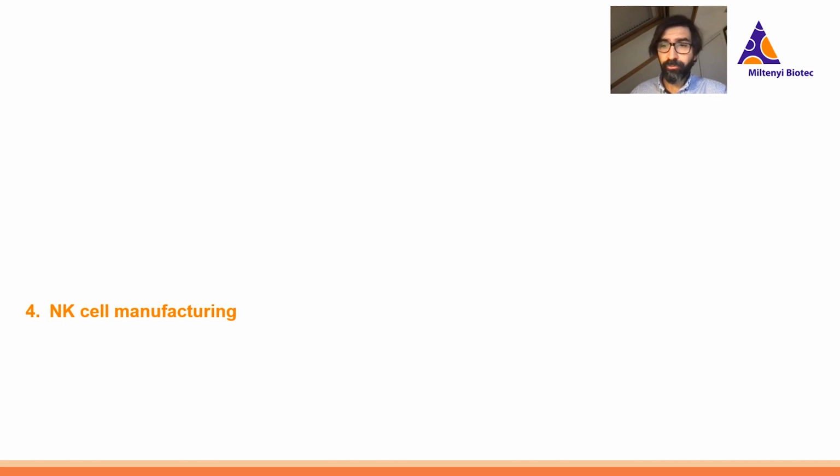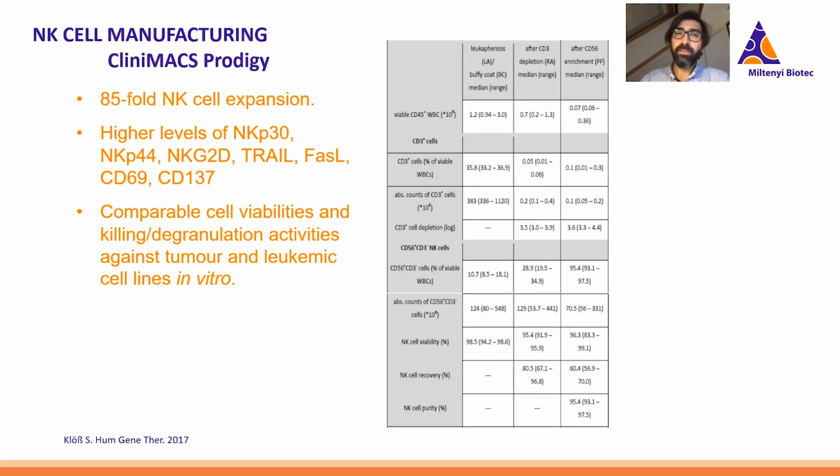So regarding how we can manufacture NK cells for the clinic in order to have a larger amount of cells, there is a very nice paper from Kolb and colleagues, and they have observed that they are able to induce more than 85-fold NK cell expansion.